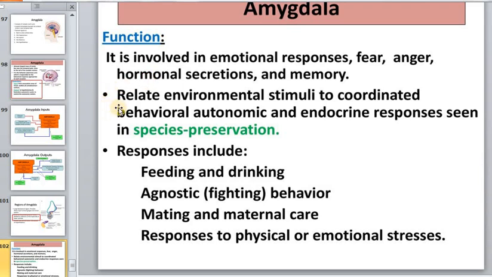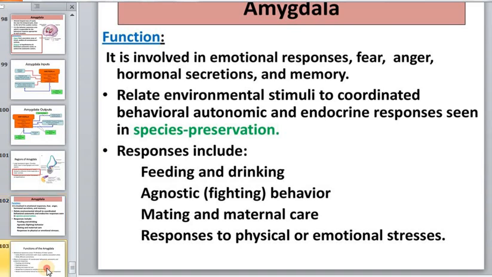It relates environmental stimuli to coordinate behavior, autonomic and endocrine responses seen in self-preservation. Responses include feeding and drinking, agonistic behavior, mating and maternal care, and response to physical and emotional stress.